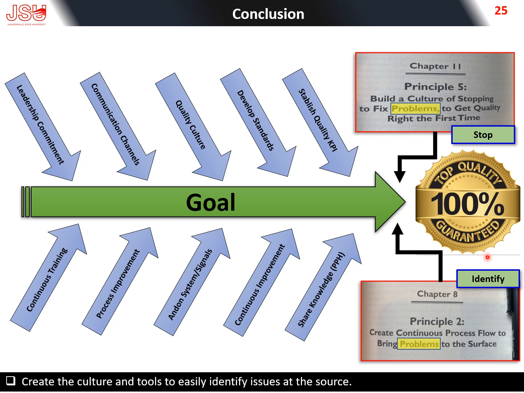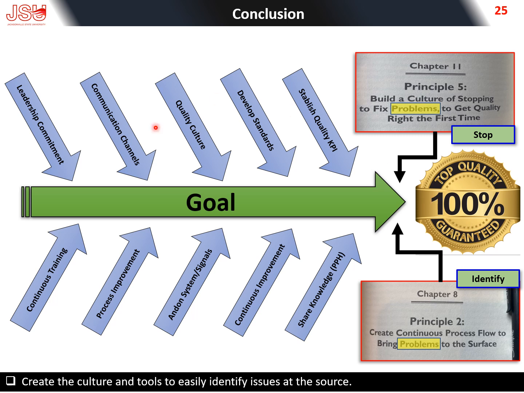Conclusion. The commonality between Principle 5 and Principle 2 is that one stops the problem, the other one identifies the problem. Ultimately, both have the same goal, which is to achieve 100% quality for the customers.